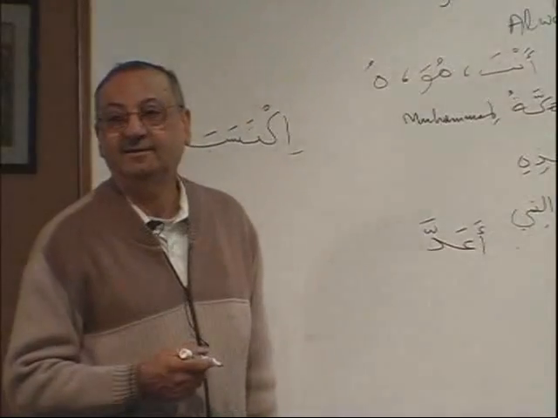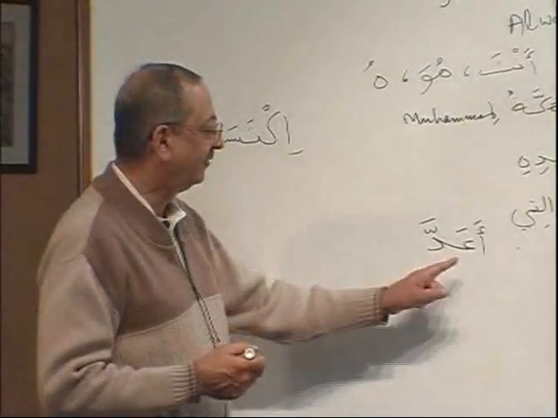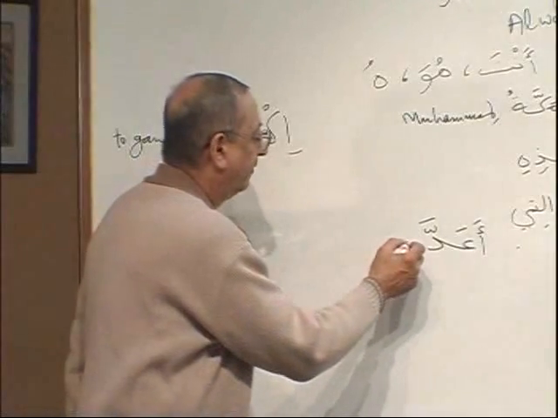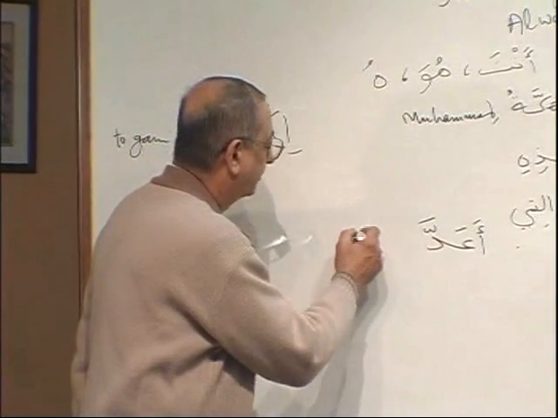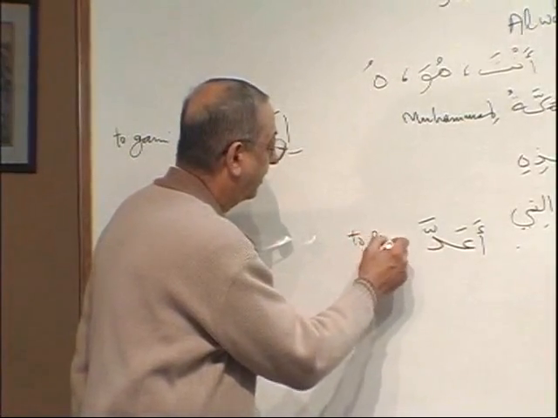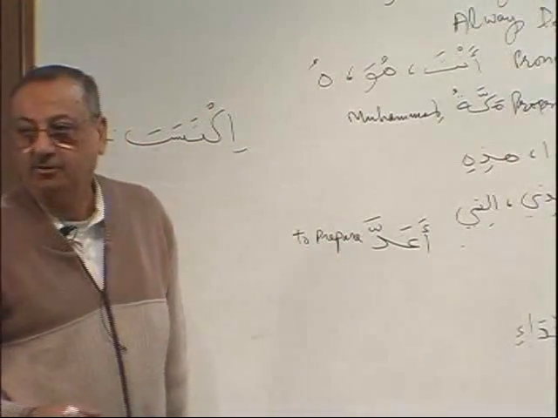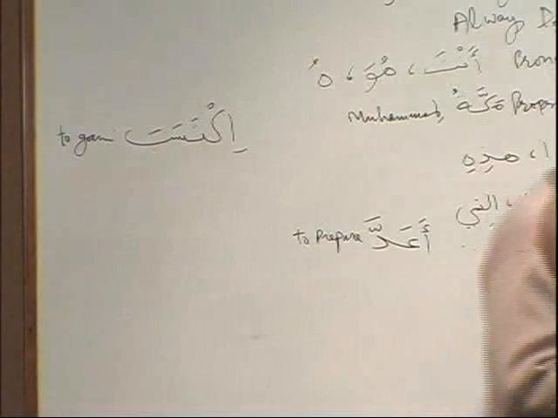A'adda. This comes from adda and then a'adda. To prepare. This verb comes quite often in the Quran, brother. Allah has prepared Jannah for the Mu'mineen and Jahannam for the Kafirin.